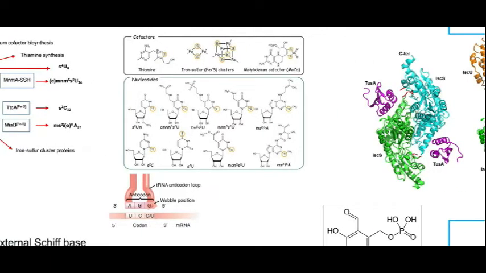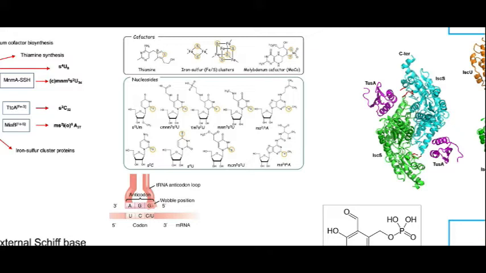And for that, it's for generating things like our iron sulfur, like our ferredoxin, like this molybdenum cofactor, but also these nucleosides that have these sulfurs, these post-transcriptional modifications, putting sulfurs onto them. Actually, these are in the tRNA rather.